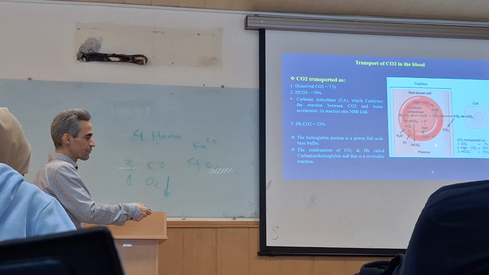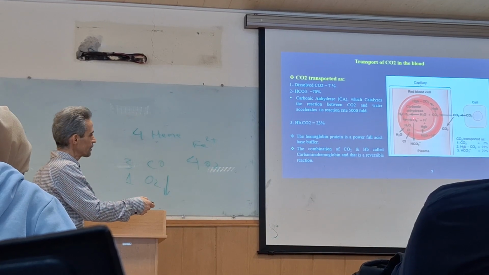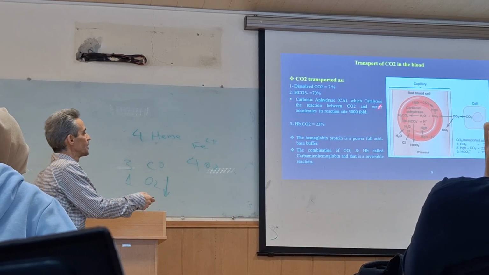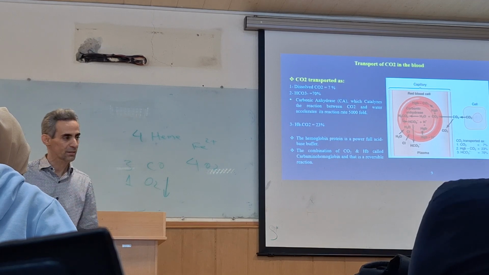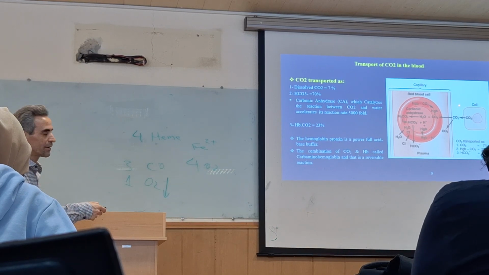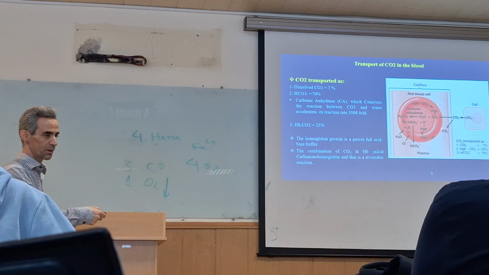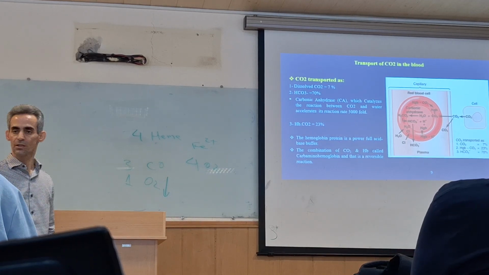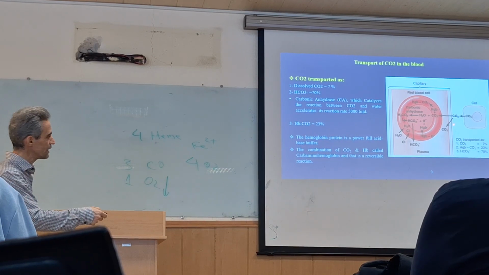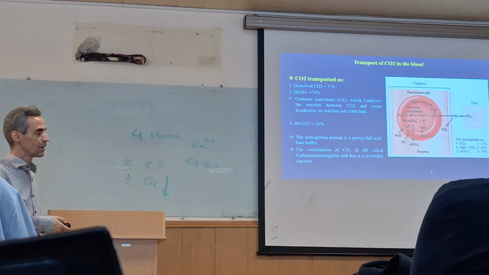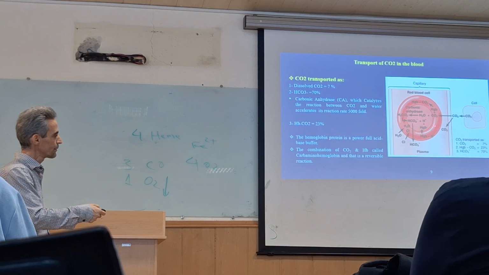The remaining 93% of carbon dioxide goes into the red blood cells. 7% is dissolved in plasma, and the remaining 93% goes into the red blood cell.